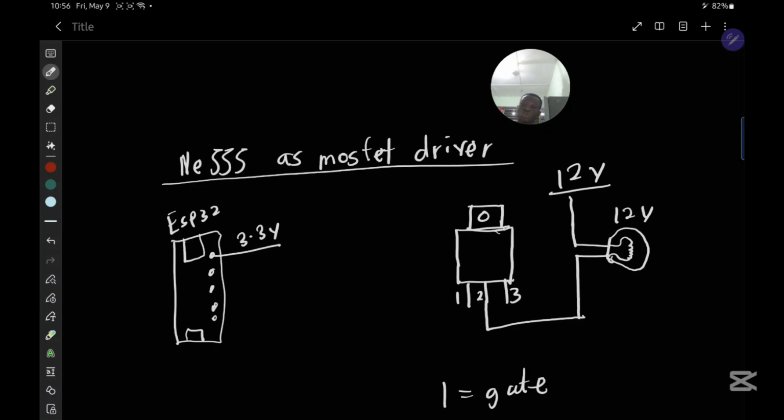Now at the control voltage, we could use the 3.3 volts from the ESP32 at the gate, but then there is something called gate threshold voltage. A gate threshold voltage is the voltage at which a MOSFET turns on. The gate threshold voltage is just the voltage at which the MOSFET will start turning on.